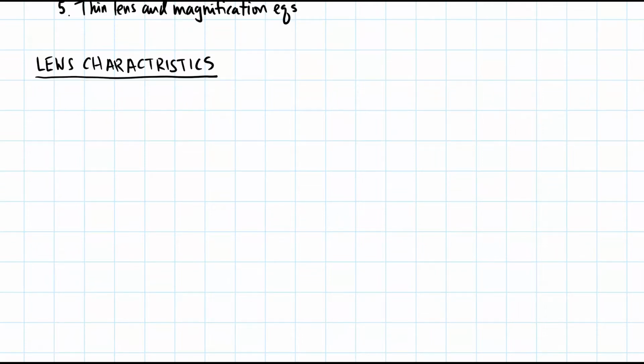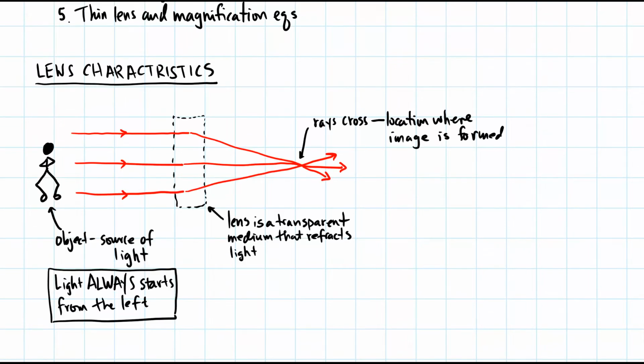Lens characteristics. A lens is a transparent material that uses light coming from an object that is refracted at the curved surfaces of a lens and forms an image. Let's set up a picture of what we will be looking at. So we assume that we have an object that's on the left, and this object is the source of the light.